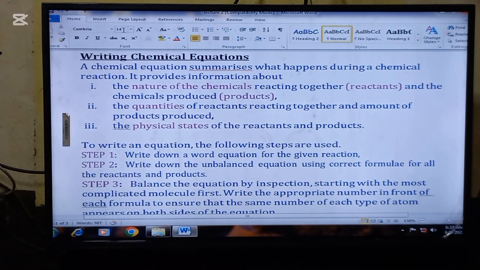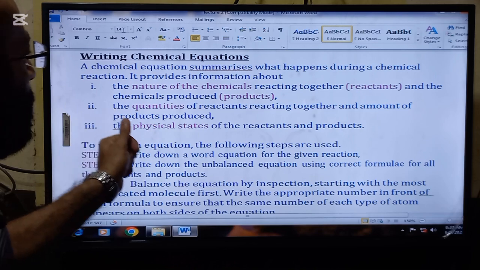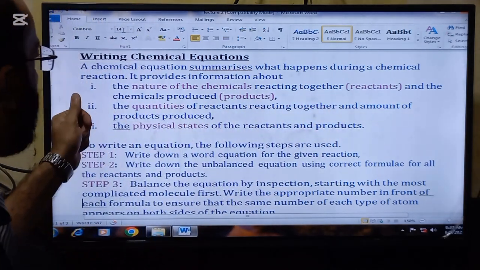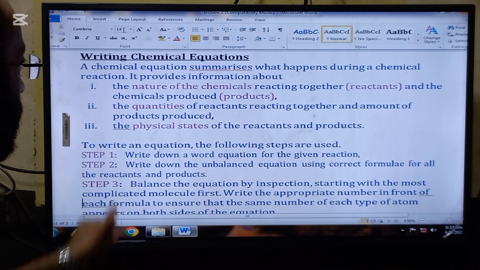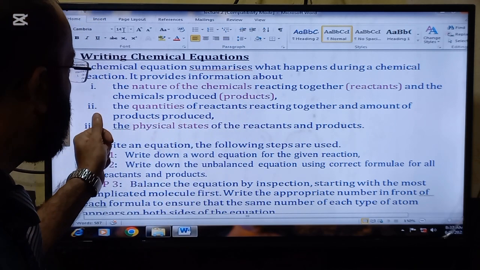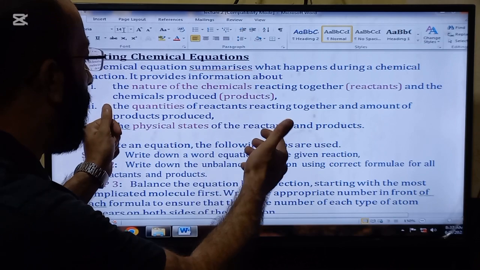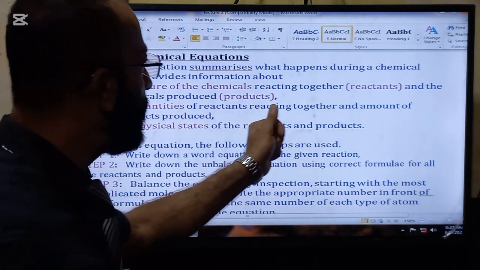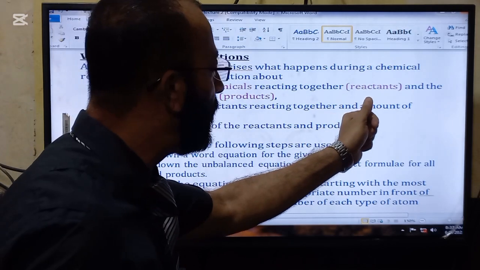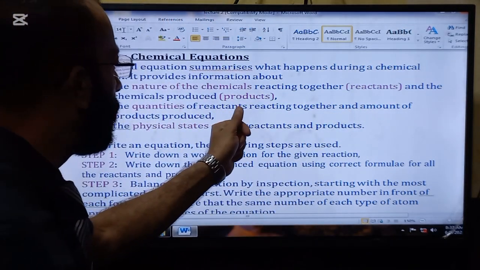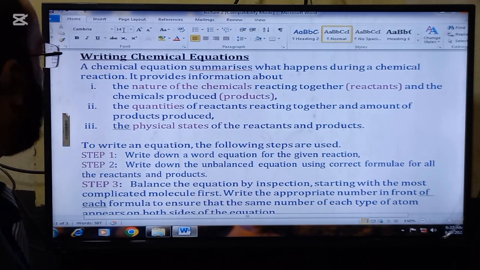Writing chemical equations. A chemical equation summarizes what happens during a chemical reaction. It provides information about, first, the nature of the chemicals reacting together, that are reactants, and the chemicals produced, that is products.